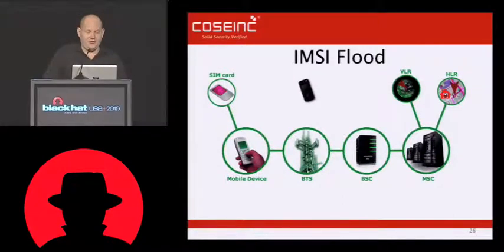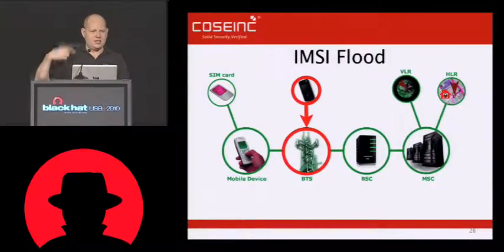Okay, IMSI flood. Once again, we use our evil attack phone. It sends an RA, doing the full RACH, AGCH, LCH handshake, so this actually does open a channel. But then the message that it sends up, the location update request, has bogus IMSI information in it. So it goes to the BTS, the BSC, back to the MSC, and then it hits either the VLR or the HLR.